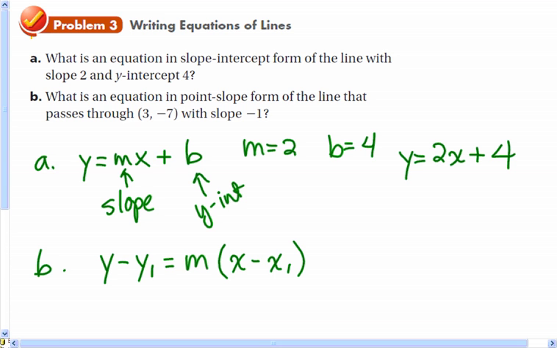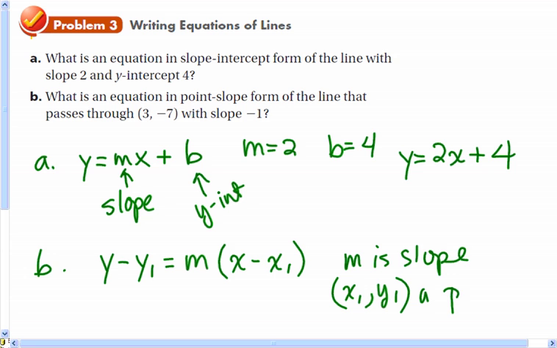And in that form, m is the slope, and (x1, y1) is a point. So, in this case, we have the slope is -1, and the point is x1 is 3, and y1 is -7.